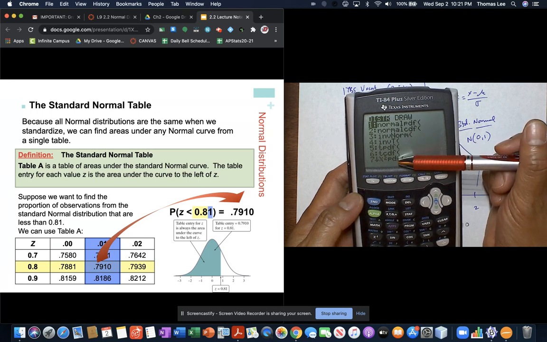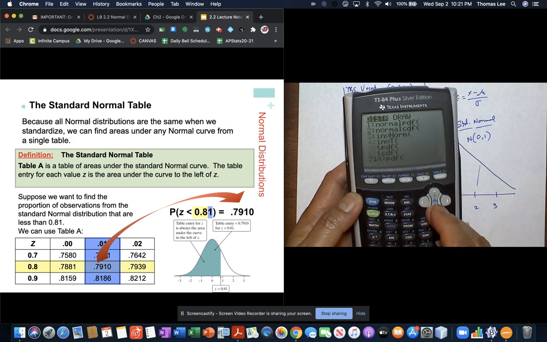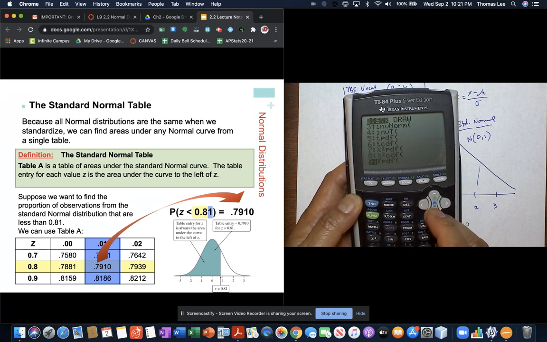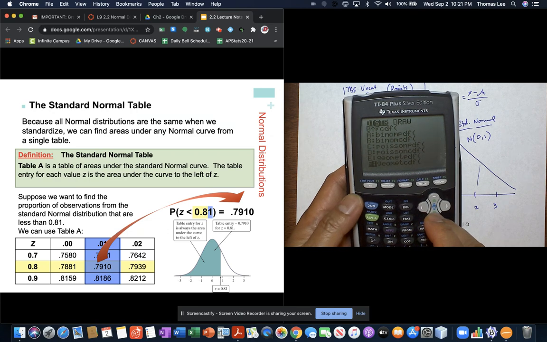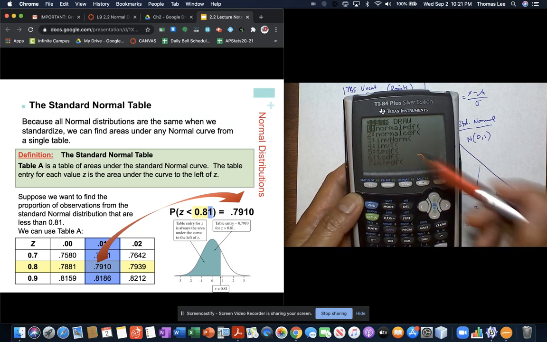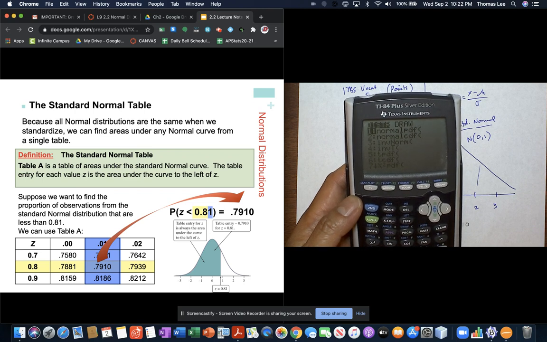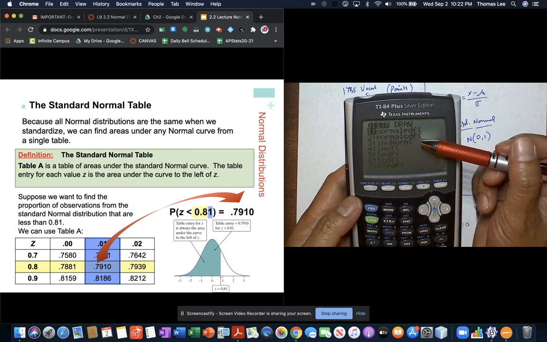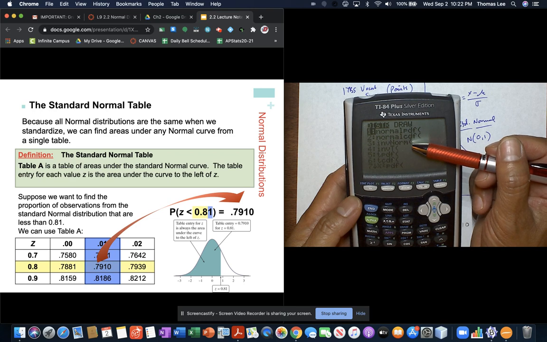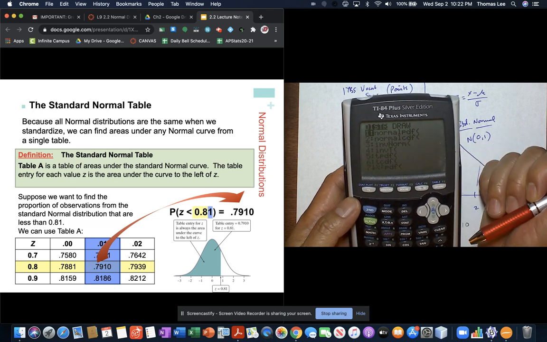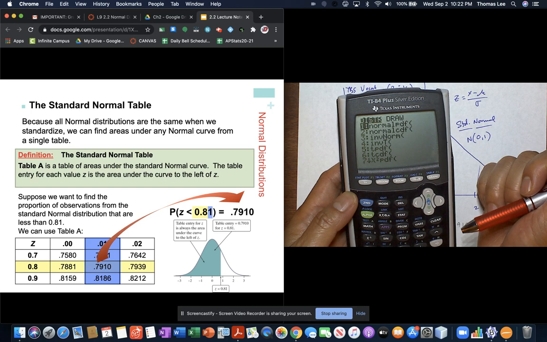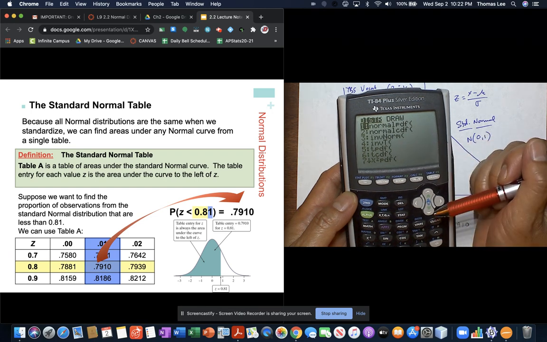This is called the chi-square distribution, which is heavily skewed. That's the F distribution. That's the binomial distribution, the Poisson distribution, the geometric distribution. We're going to do a lot with the normal distribution. So we have normal PDF, normal CDF, and inverse norm. Think of inverse norm as an inverse function.